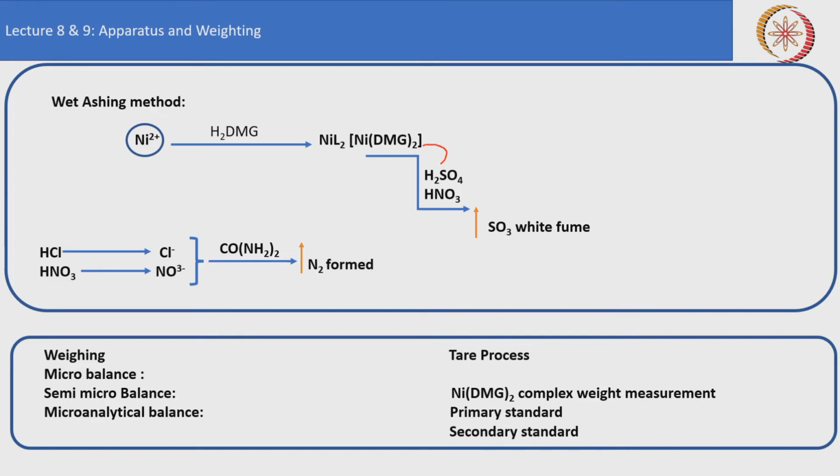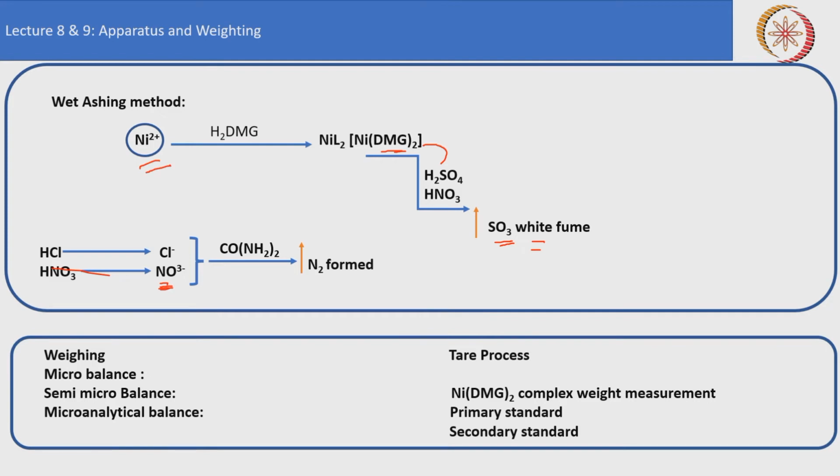Then you treat with acid. So in this wet acid method, whatever organic component is there, that is DMG, will be destroyed. When the reaction is complete, we get to know it when a white film of sulfur trioxide is forming.